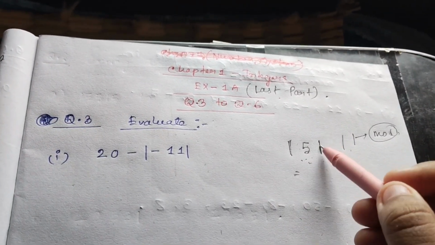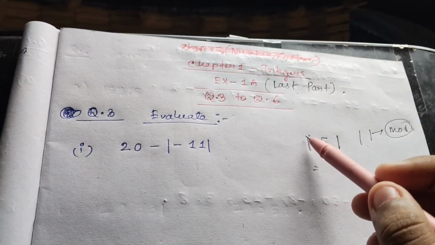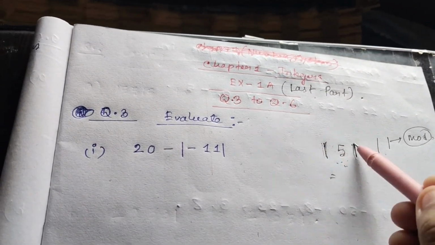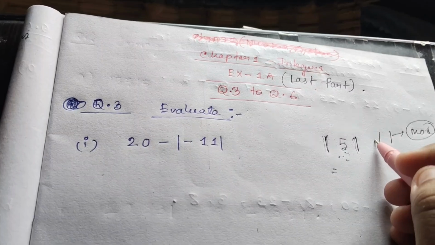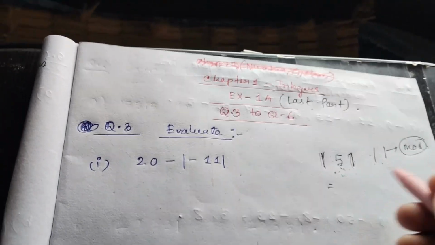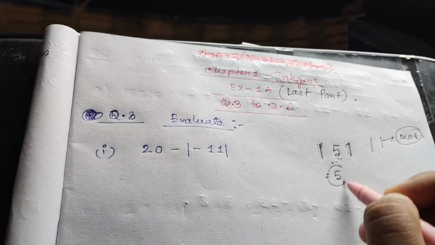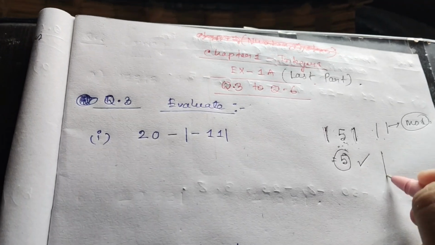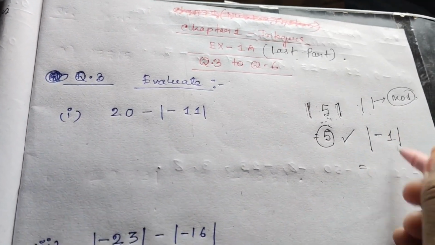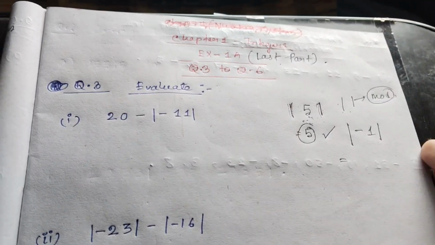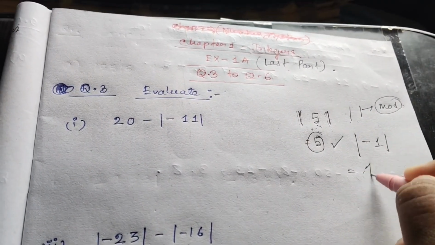First, I am putting a positive value, which is 5. If we take this mod out, it will give us the positive value. If in this mod we have minus 1, if we take this mod out, it will give us positive 1.